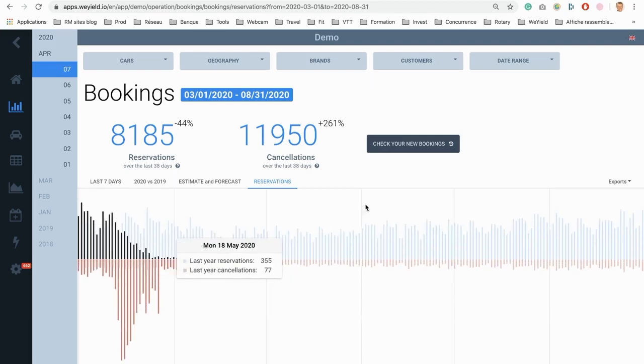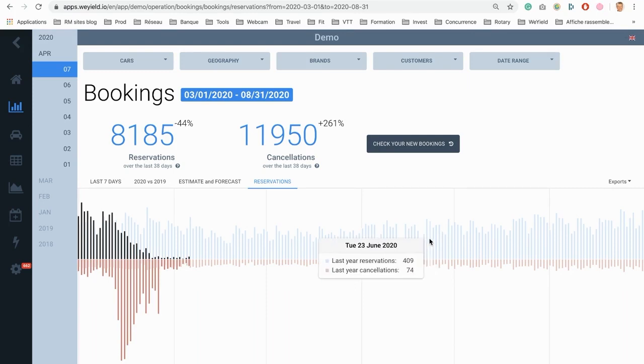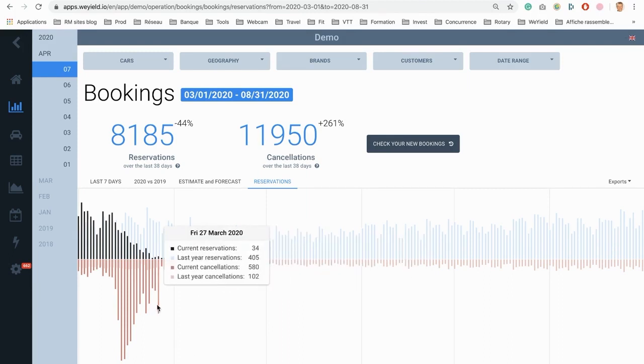The blue is the transactions that were taken for the past or that were taken in the future. And the red are for the cancels, either the dark red, the cancel of this year, and the light red, are the cancels of last year.